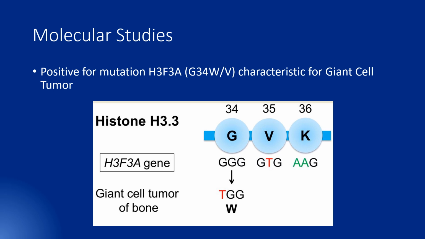However, the solid areas with giant cells raised the question of a differential diagnosis of giant cell tumor with predominant ABC. To answer this question, we ordered additional molecular studies for histone 3.3 mutation H3F3A G34W, which is characteristic for giant cell tumor, and it was positive.